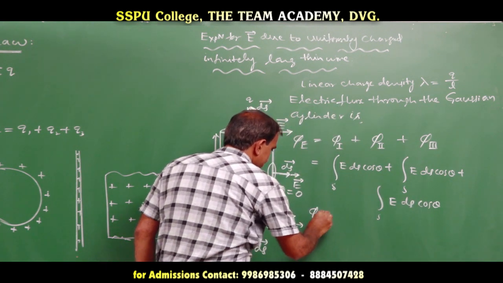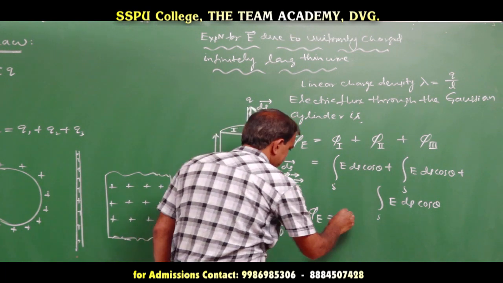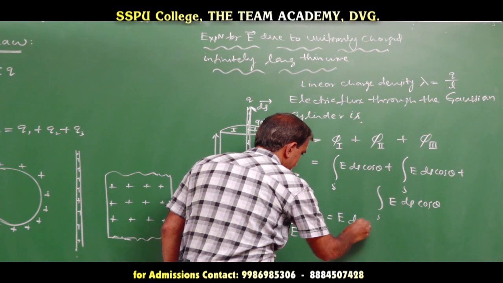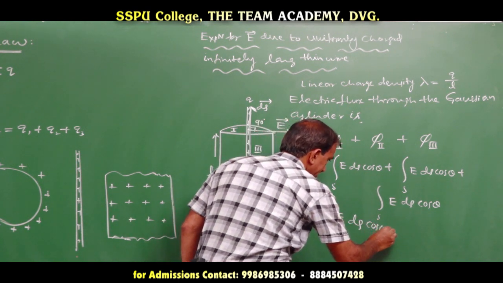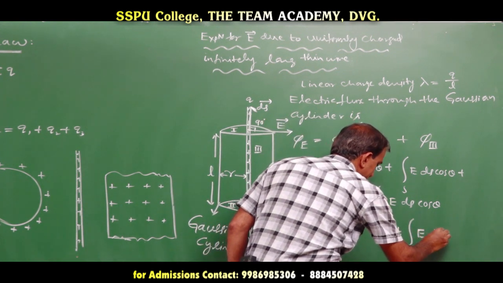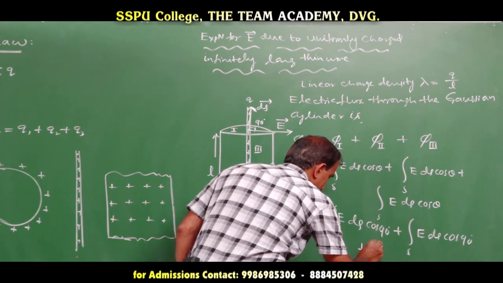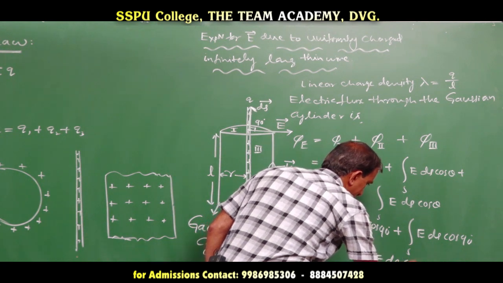The total flux phi E is the surface integral of E ds cos theta for each surface. For the two end caps theta equals 90 degrees, so we get the surface integral E ds cos 90 degrees, plus the surface integral E ds cos 90 degrees, plus the surface integral E ds cos 0 degrees.